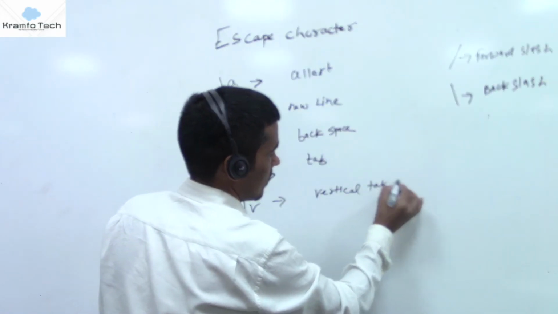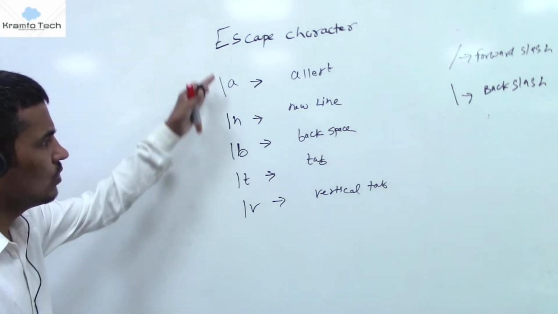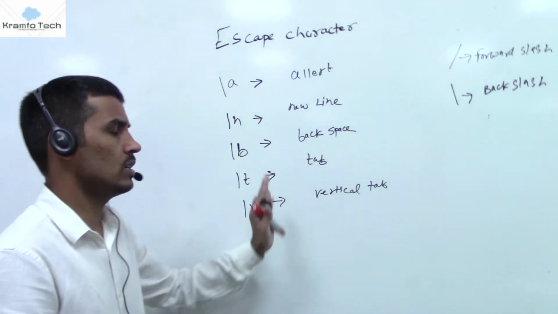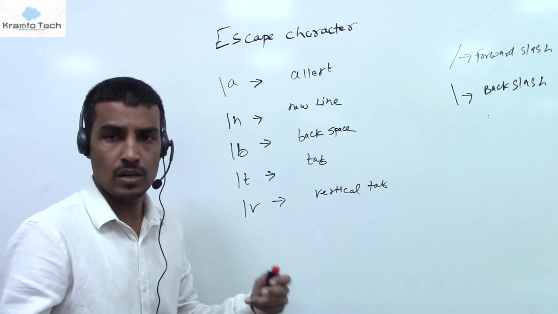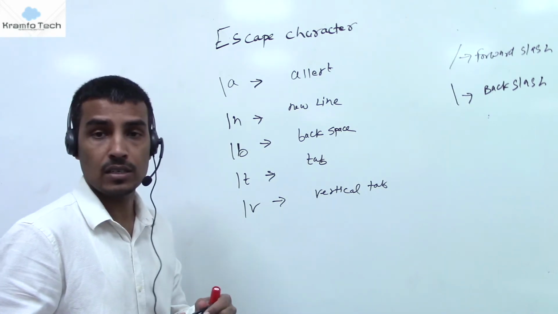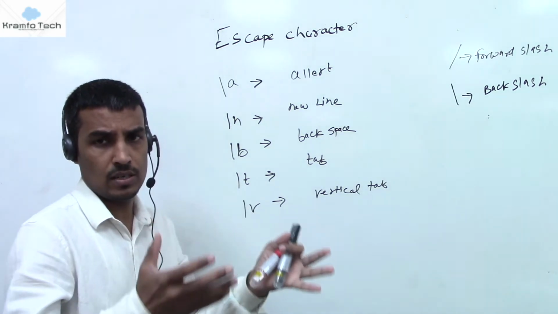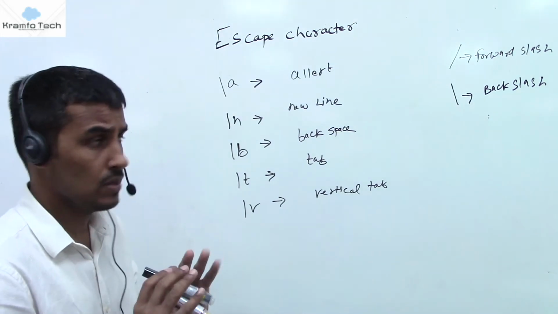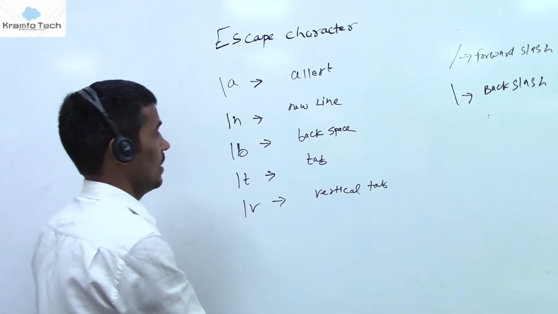These are a few special escape characters which help you get correctly formatted output. Let's see one example, then you will understand it very well.